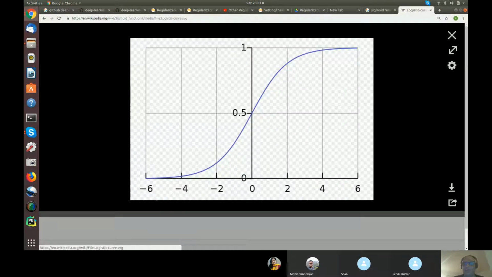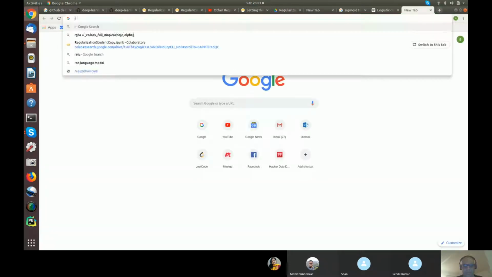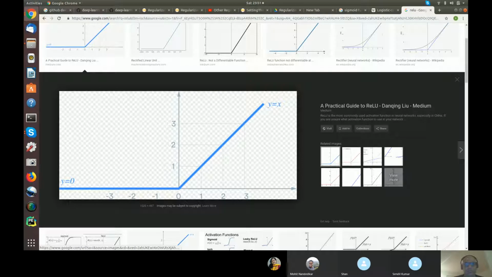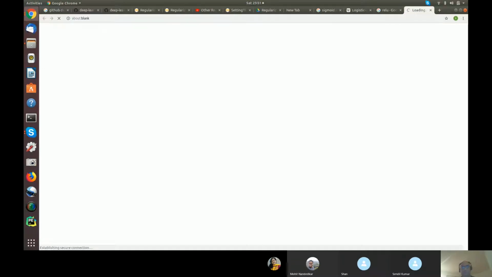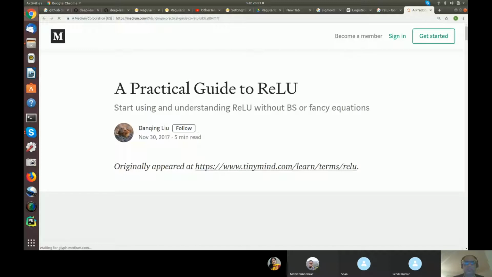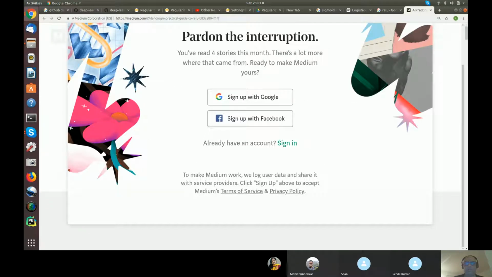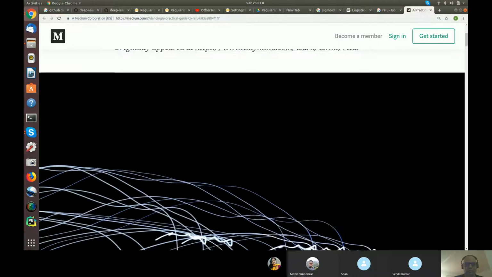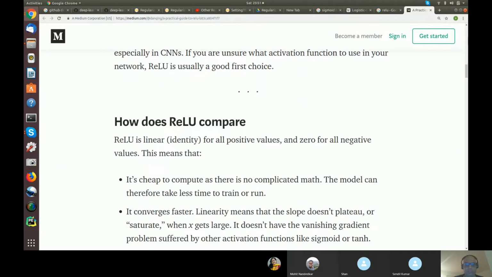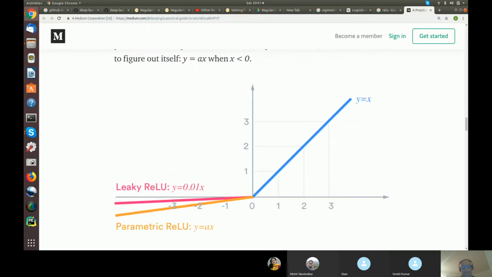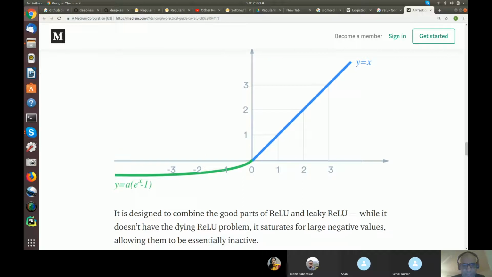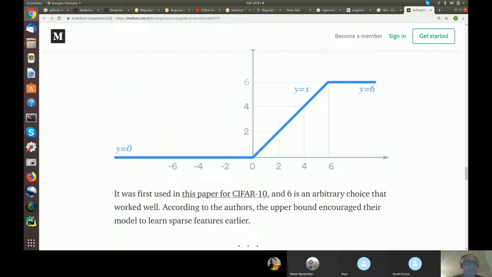And let me bring the ReLU function. Okay, these are some modifications on ReLUs.